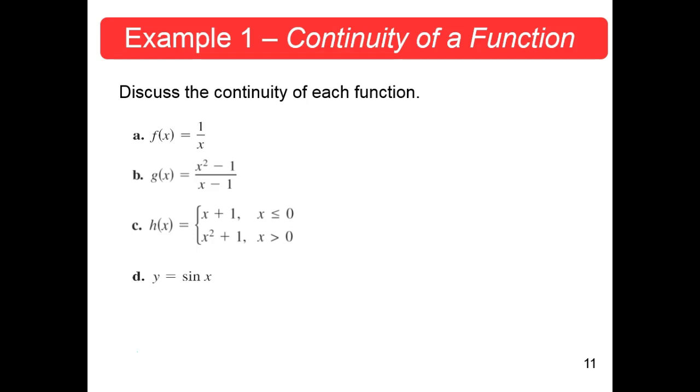So it's going like this here and that there. You think that's removable? No way, because it's going in completely opposite directions. So this is discontinuous at 0, and it's definitely not removable.